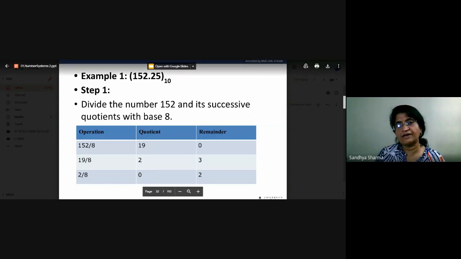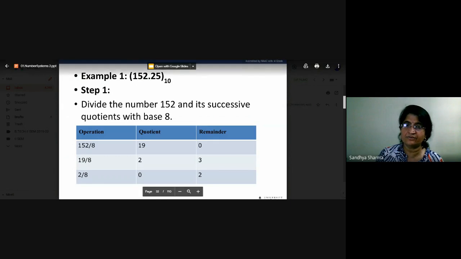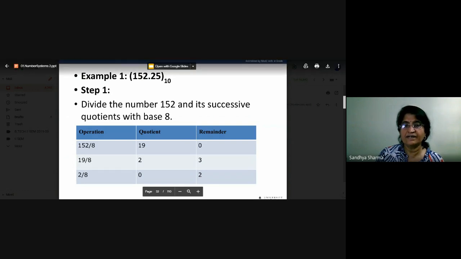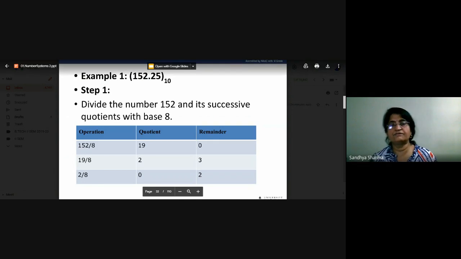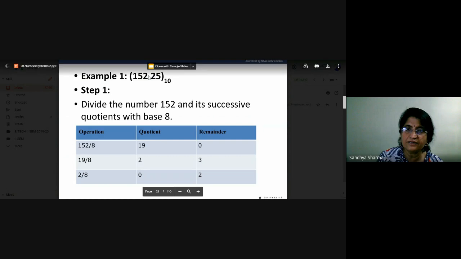First, you have to divide your 152 by 8. The quotient is 19, remainder is 0. Divide 19 by 8, the quotient is 2, remainder is 3. 2 divided by 8 is equal to 0 and remainder 2. So that is basically the part of our conversion, how you convert decimal to octal.